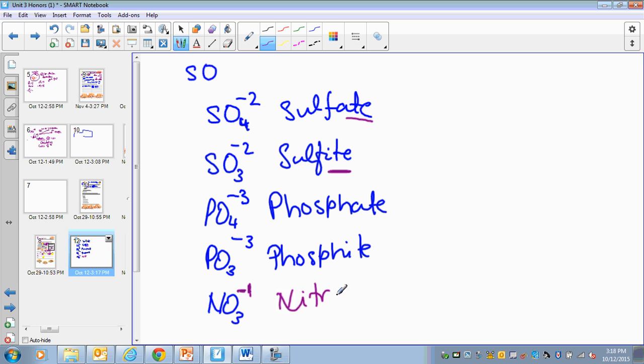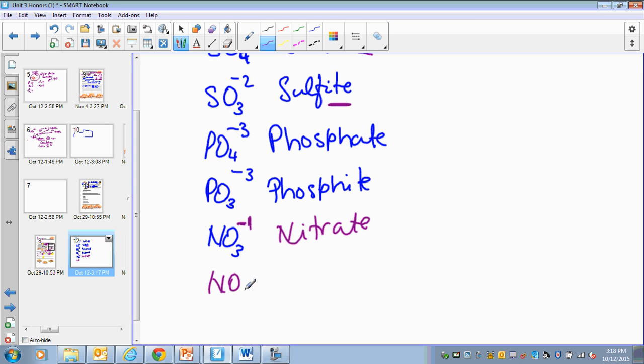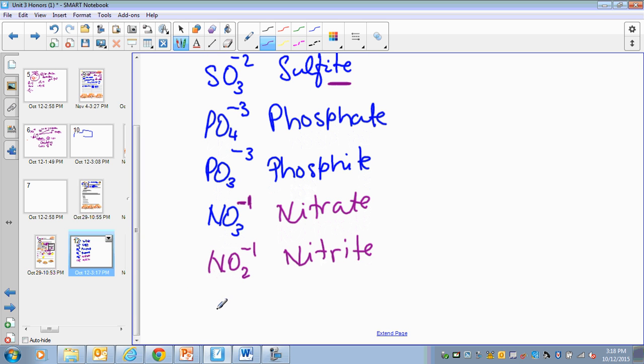So it's nitrate. And then with 2 oxygens, it's nitrite. So yes, I can say that if it is more oxygens, it's ate, and fewer oxygens, it's ite. Then you have CO3 minus 2, that is carbonate.